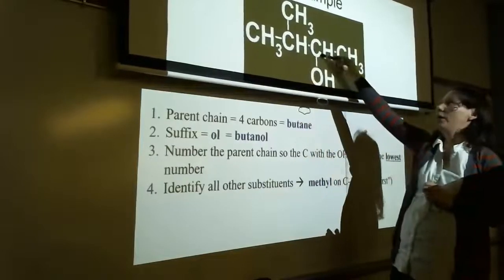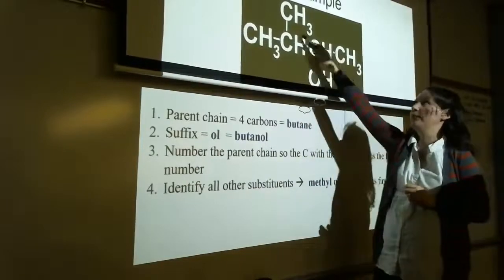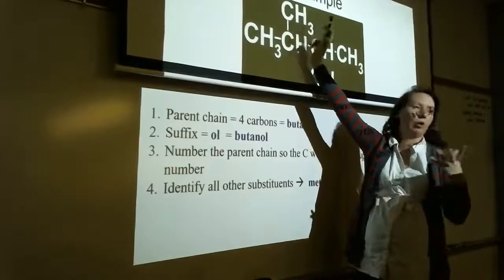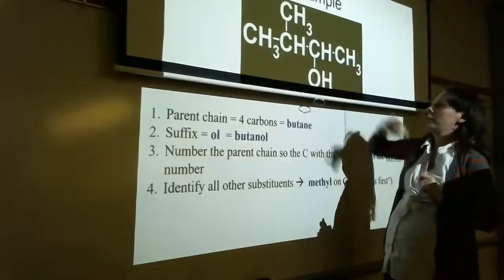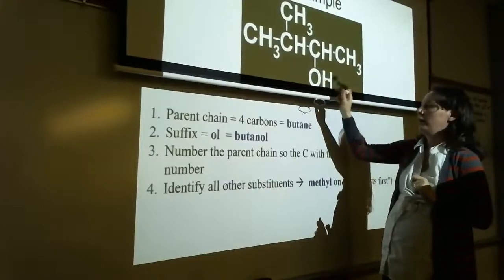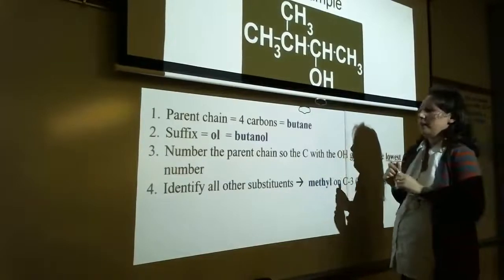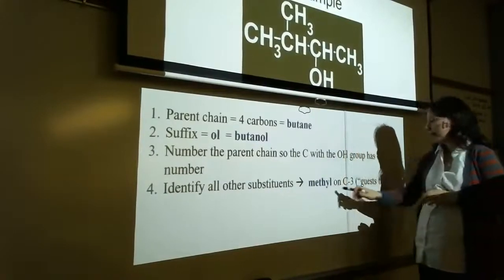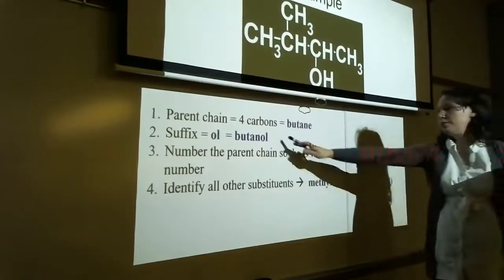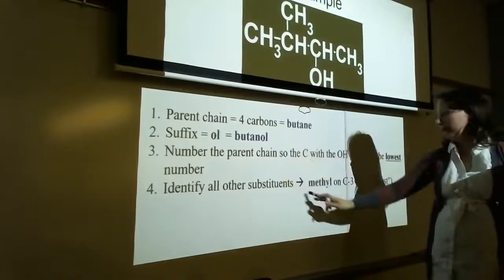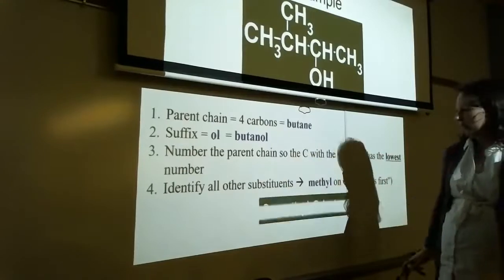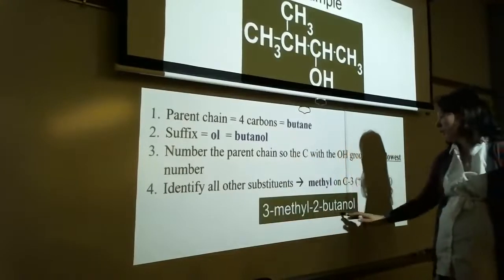The alcohol gets higher priority than any other substituent. So if that were chlorine or bromine or whatever, the OH group still gets the lower number, the higher priority. Now, we can make the suffix butanol, and then there's a methyl group on carbon 3. So the name is 3-methyl-2-butanol.